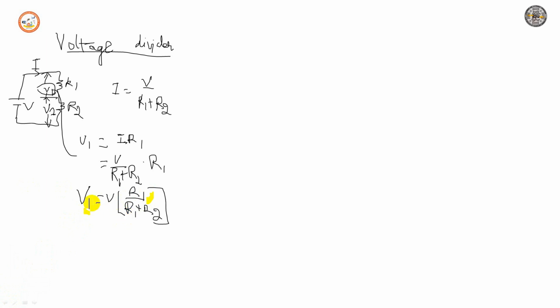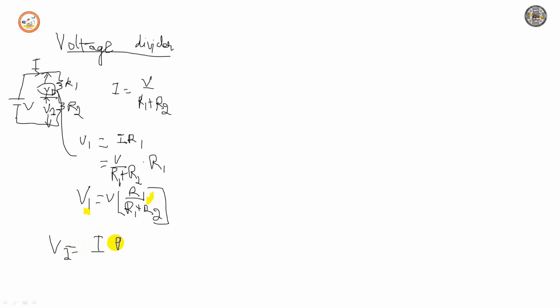So when you need to find the voltage across V1, the numerator will have the corresponding suffix R1 only, divided by R1 plus R2. Now if you want to find the voltage across V2, similarly V2 is equal to I into R2.